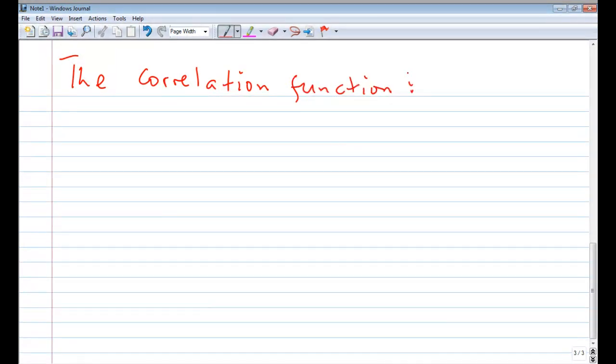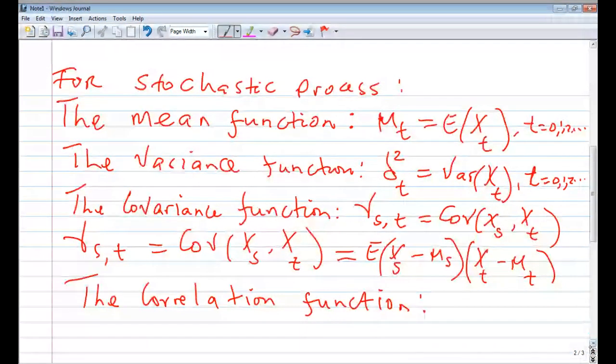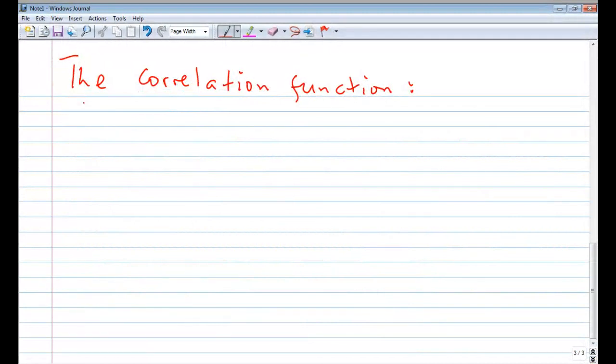So now the correlation function is defined by rho S T, which is equal to, remember for covariance we use gamma S and T. Here in the correlation we are going to use rho.